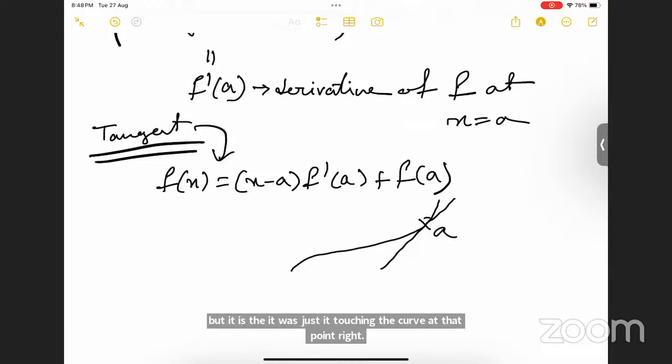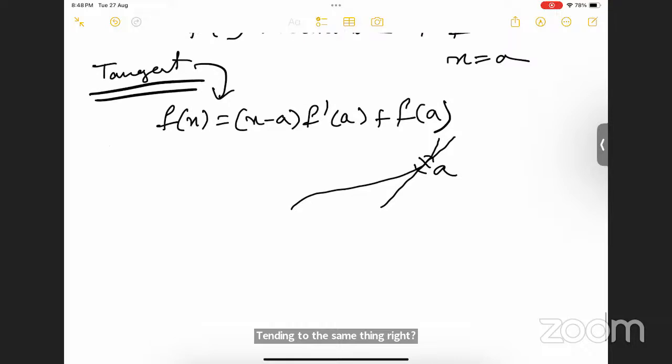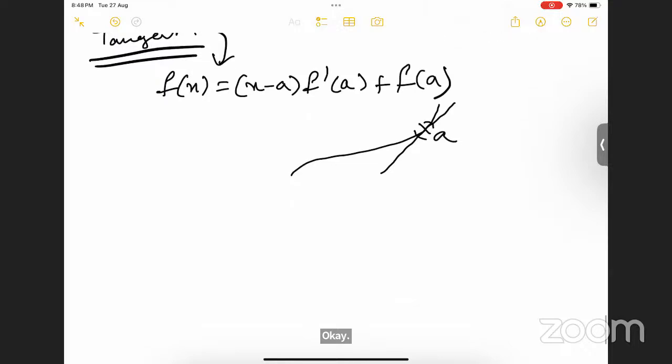So in some close neighborhood of a, these are almost the same, tending to the same thing. So we call the tangent a linear approximation of the function near a, in some close neighborhood of a.